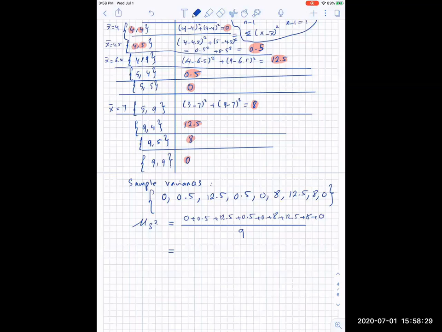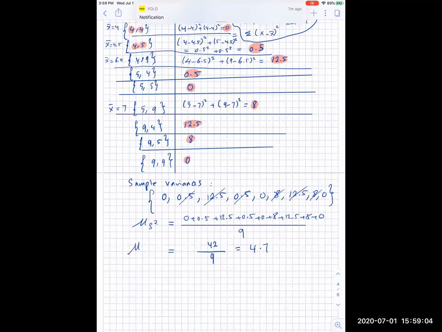Let's see here, 12.5 plus 12.5 plus 1 plus 16, 42 over 9, 4.666, so I would say 4.7.